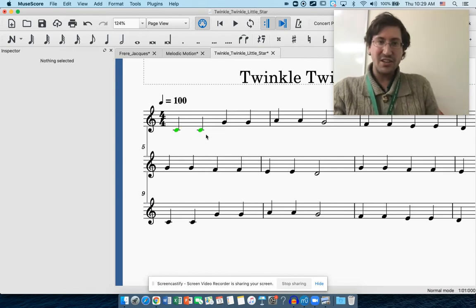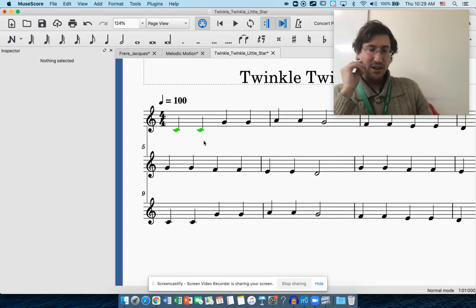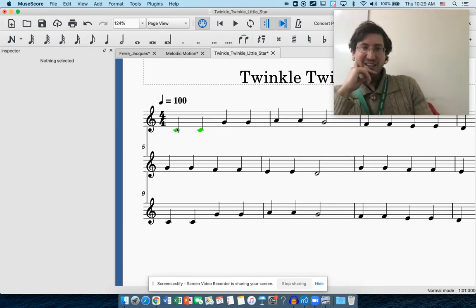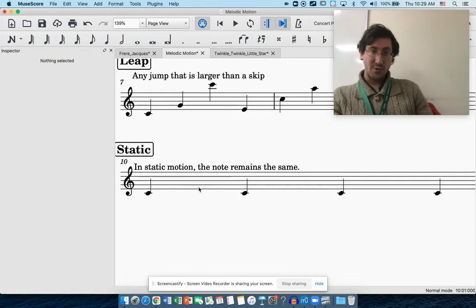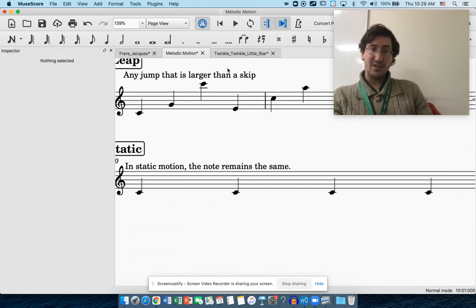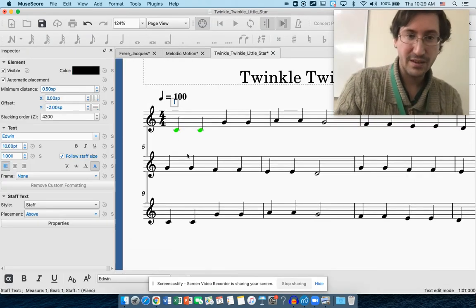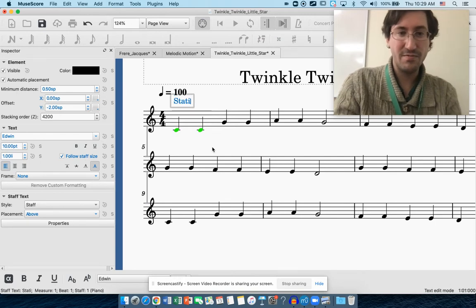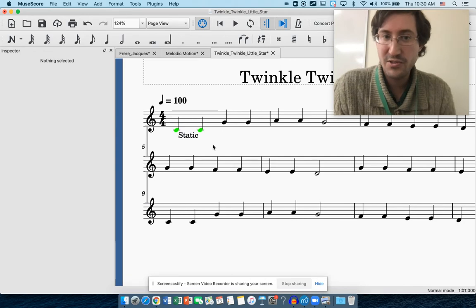Okay, so looking at these two notes, let's try to figure out what type of motion we have here. When we analyze this, we can see that this note is staying the same. It's not changing. Since we have no change whatsoever, we would say that these two notes would be an example of static motion. There's no change whatsoever between those two notes.